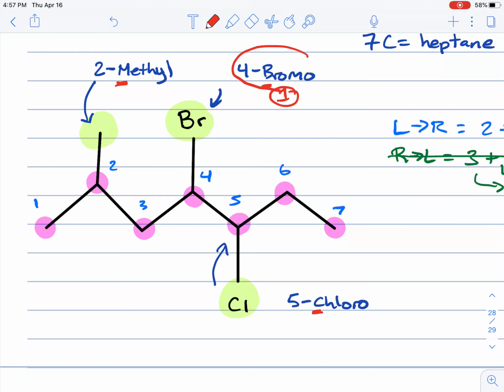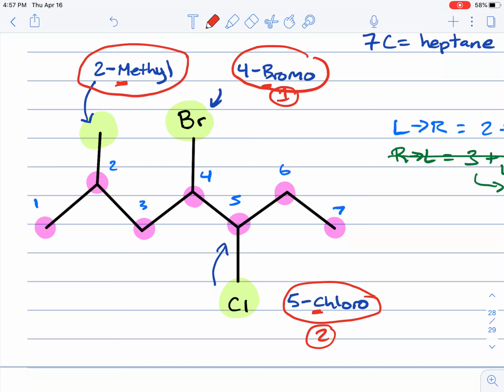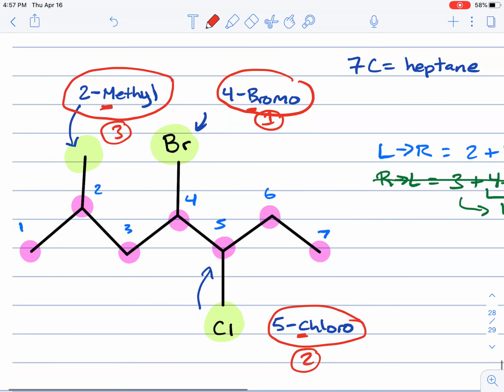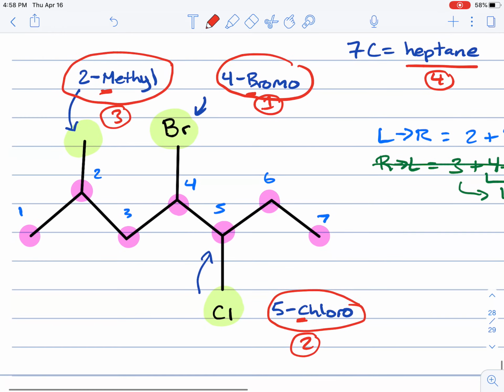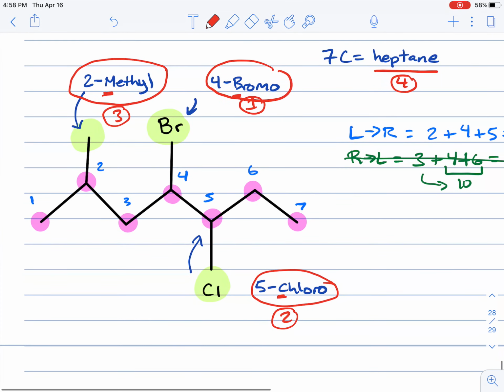So this is the first thing that we're going to name. Then what comes second? Chloro, because the C comes after the B. And then last but not least, we have methyl. And after we describe the methyl, we're going to add the parent. So that's the fourth item that we're going to place when naming this compound.